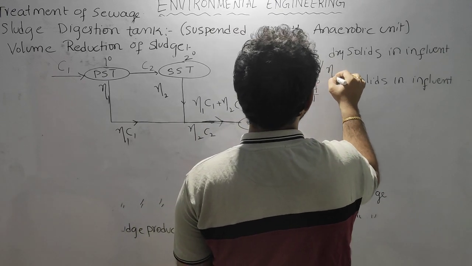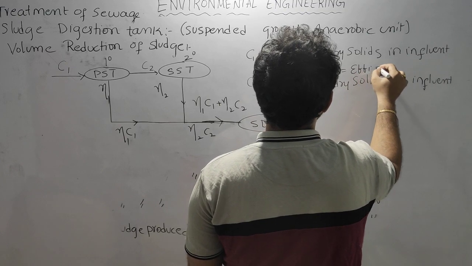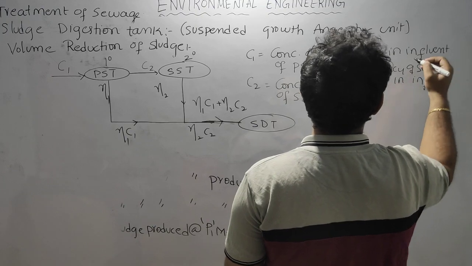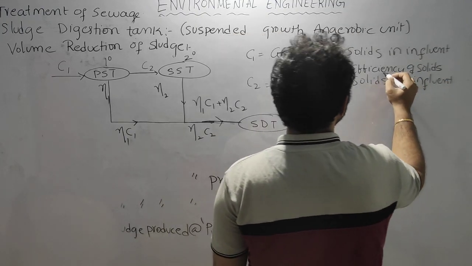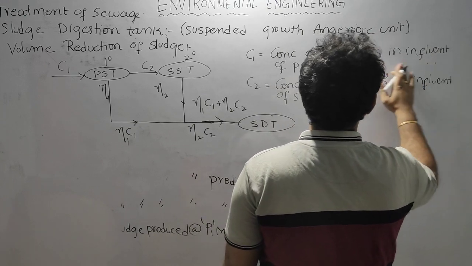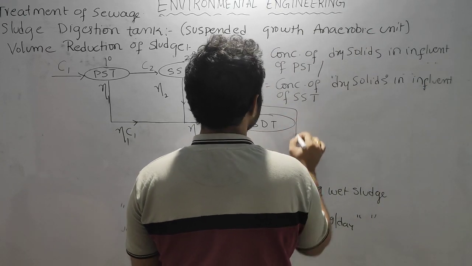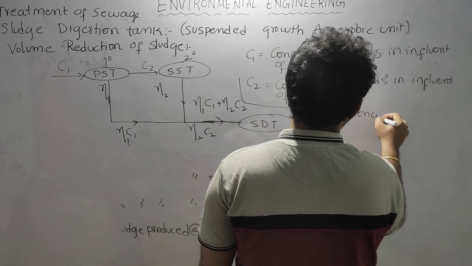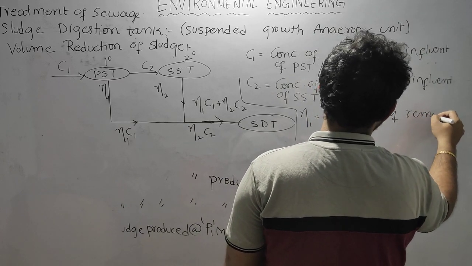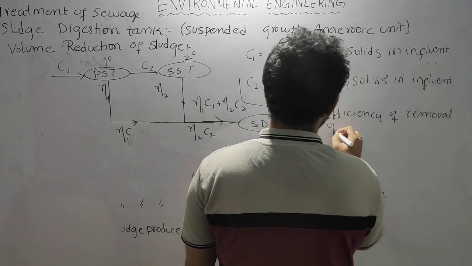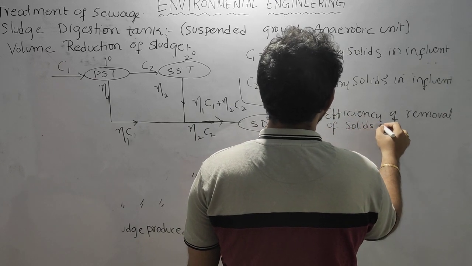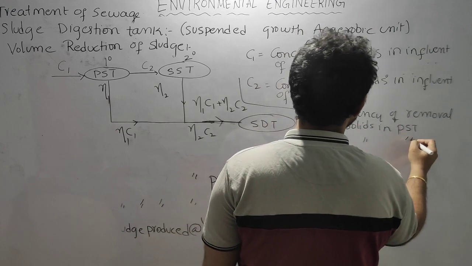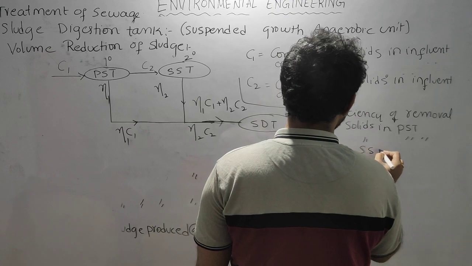Eta 1 is the efficiency of removal of solids in the primary sedimentation tank. Similarly, eta 2 is the efficiency of removal of solids in the secondary sedimentation tank.